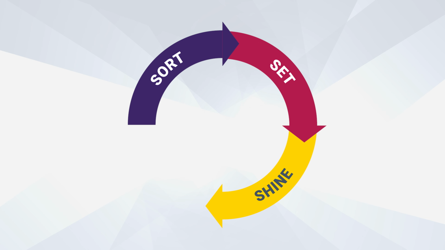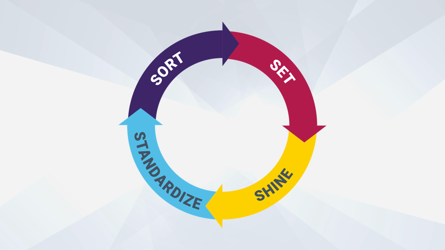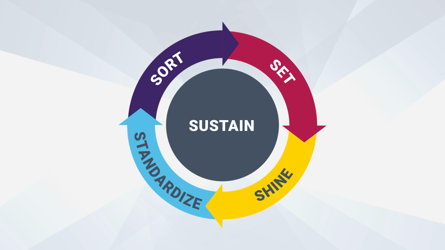Shine, declutter and clean the space. Standardize, develop work instructions, resources, and expectations so the use of the workspace is consistent across the organization. And sustain, commit to continuing to maintain the location's optimized configuration.